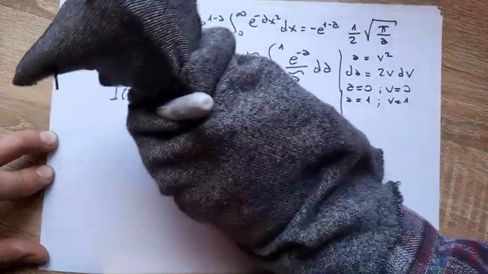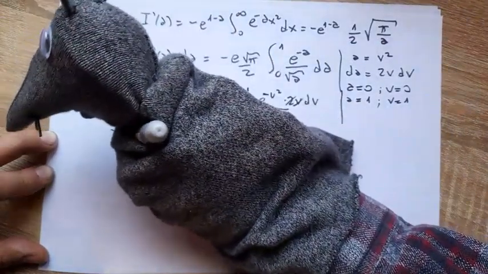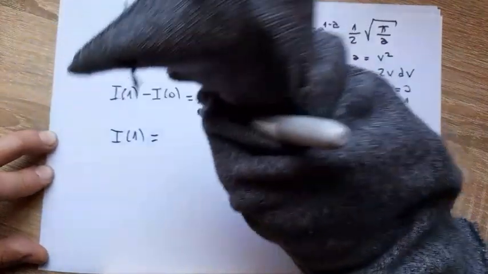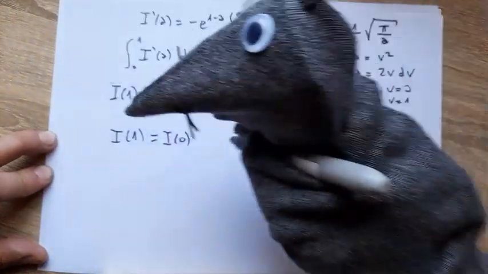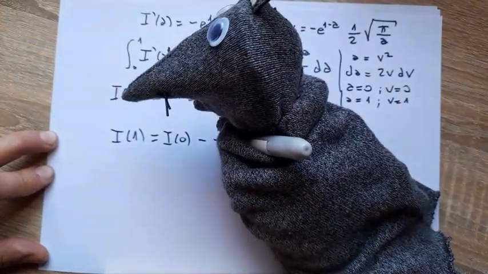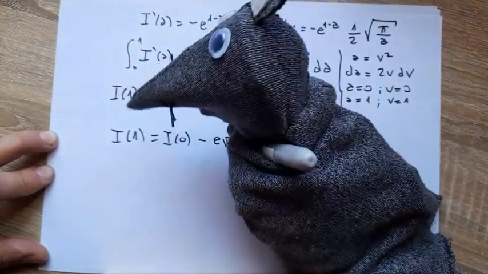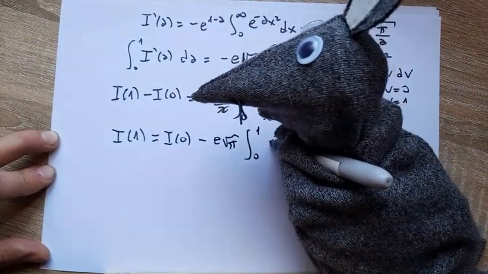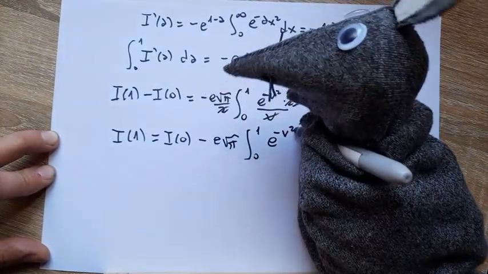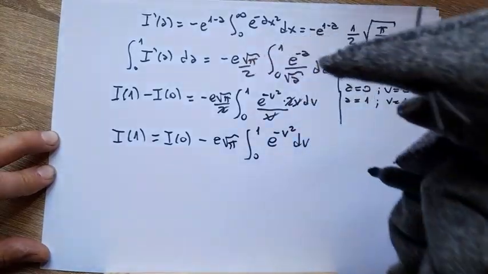And now we can simplify the v's and the 2's. Then we get I of 1 equals I of 0 minus e square root of pi integral from 0 to 1 of e to the minus v squared dv.